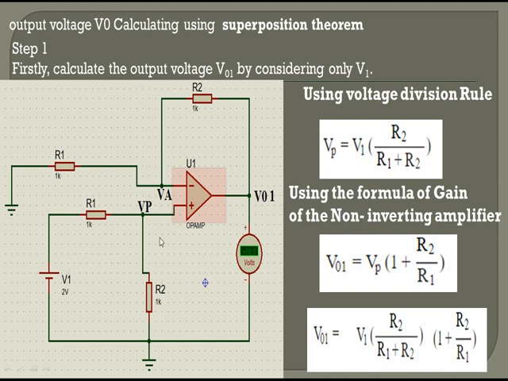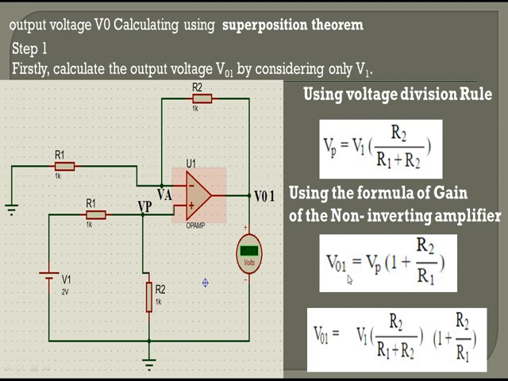Then if we look, this diagram is nothing but a non-inverting amplifier. We already found the equation of the non-inverting amplifier, so use it directly here: VO1, the output voltage, is equal to input voltage Vp into the gain of the amplifier, that is 1 plus R2 upon R1.